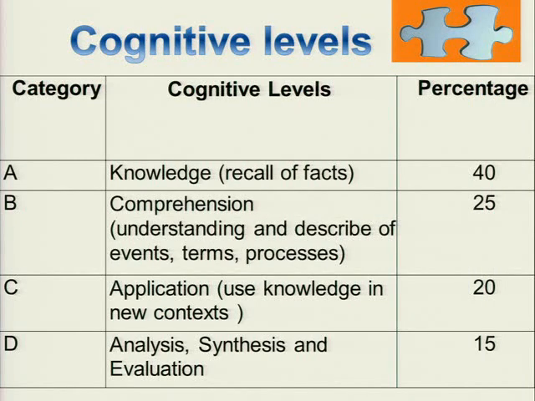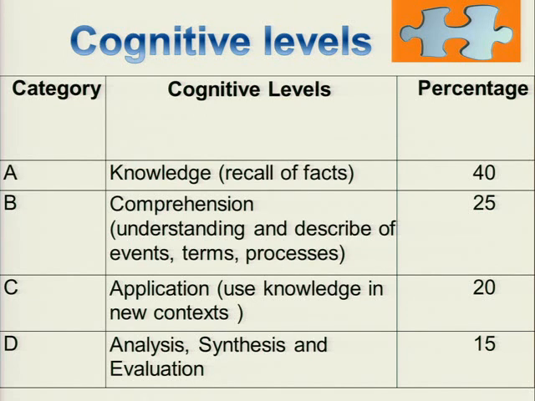We look at the cognitive levels. This is what is expected in the question papers. The recall questions, the questions that need the content, that most learners need to get marks from, carry 40%, which is the recall of facts.